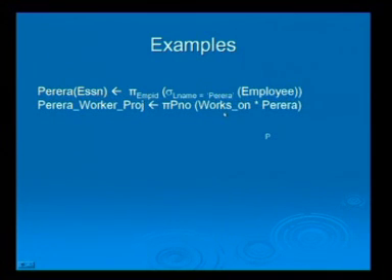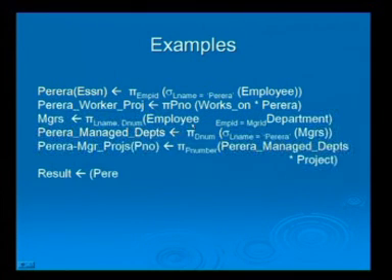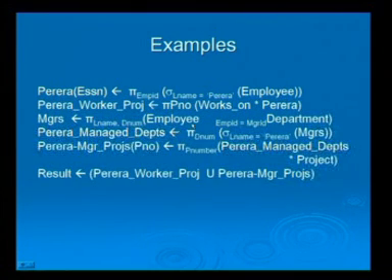We join this with works on, and then from that we project only the project numbers. Then we combine employee and department using employee ID and the manager ID from the department, and from that we project last name and the department number to find out the managers.